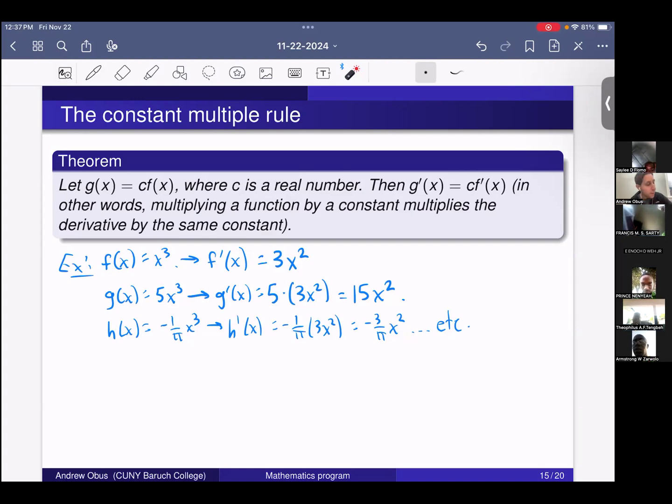You only subtract 1 from the exponent, and then you bring the 3 down, but if there's an extra 5 here, what this theorem says is that the extra 5 carries through to the derivative. So you've got to also multiply the derivative by 5. That's why you get the 15 over here.